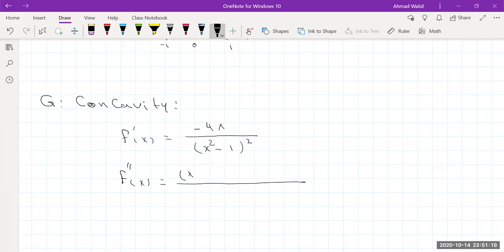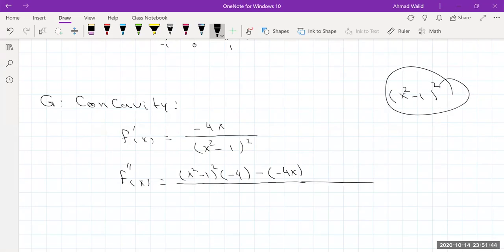Denominator, which is x squared minus 1 all squared, times the derivative of top, which is -4, minus your numerator, -4x, your function f, times the derivative of denominator. Focus here. You have x squared minus 1 all squared. You have to use the chain rule, right?